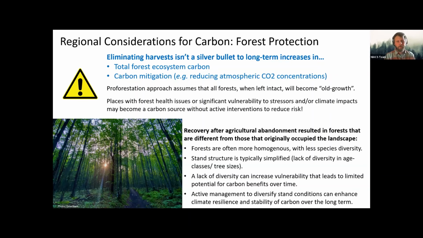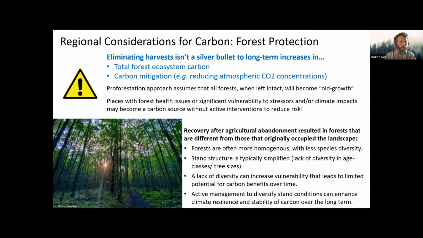which is that a lot of our forests are recovering from agriculture, and the abandonment of agriculture. And so they're oftentimes more homogeneous, even aged conditions, lower species diversity, simplified structure. And that comes with an inherent increase in risk.